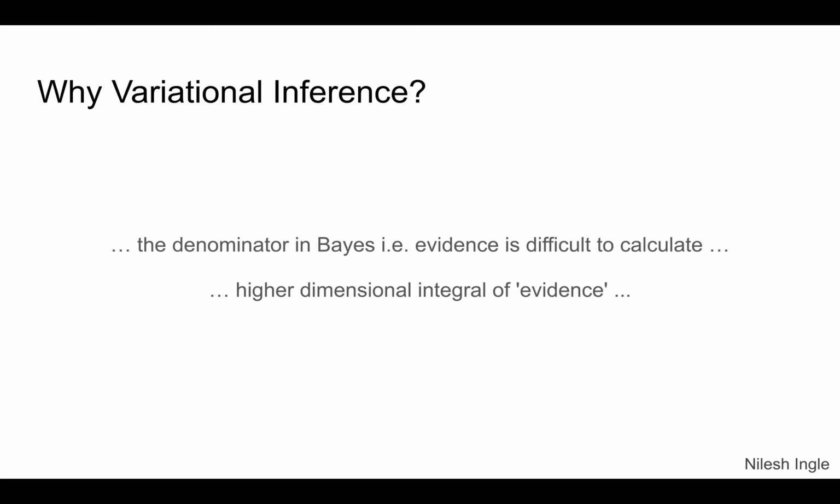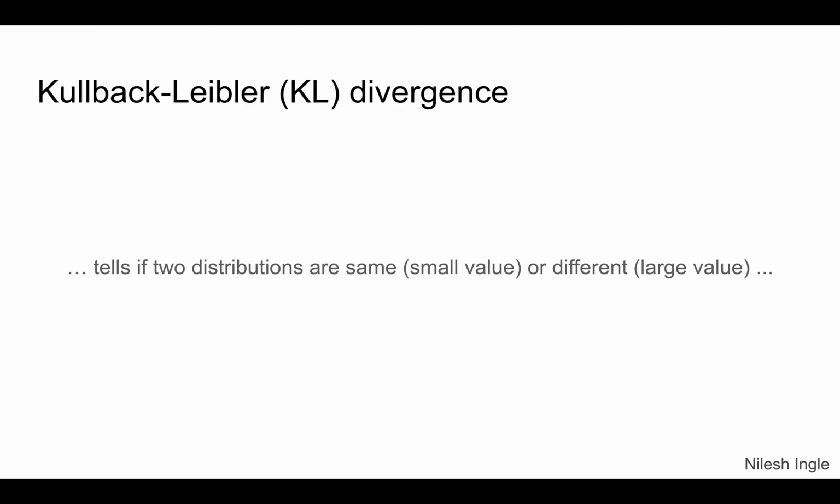And so there is an alternative way to find the value for the posterior, and that's where variational inference comes in, and that's where the KL divergence is also used, as we discussed earlier, which is Kullback-Leibler divergence, and it tells us how similar or how different the two distributions are.